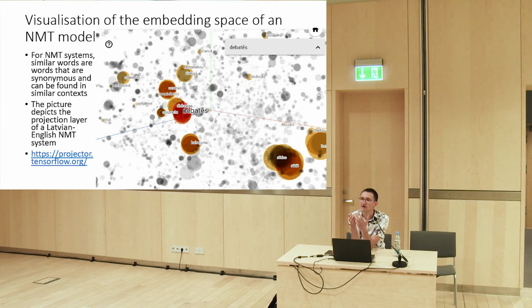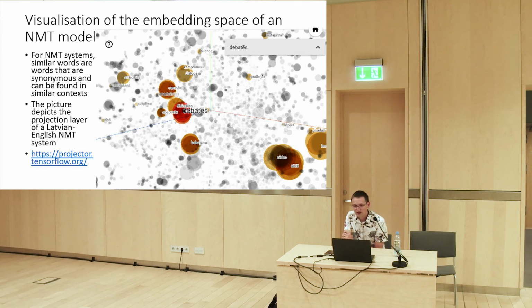It will figure out which properties in the multidimensional space are important and show similarity. Here you see that, for those who know Latvian, debates, diskusijas, apspriež are sort of similar words. Or here on the right, sēde, sēdes are different inflected forms of the same word.